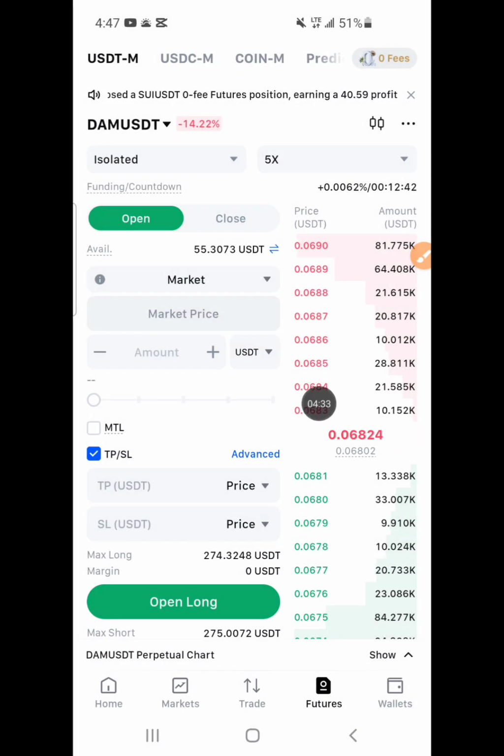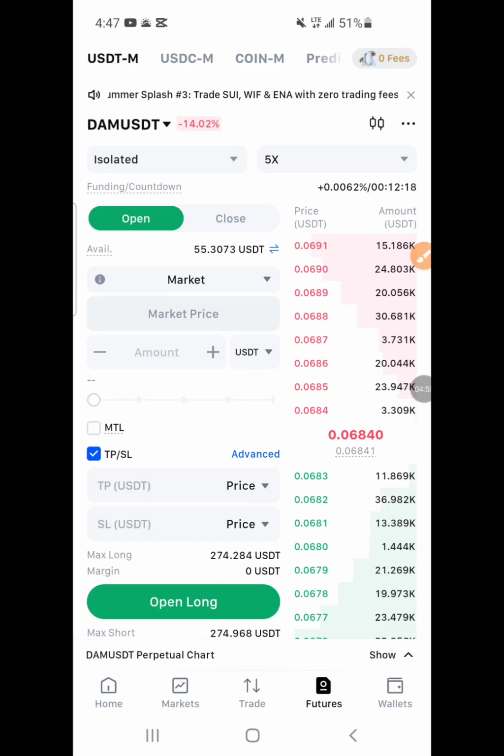Okay, then here comes the leverage. This is your leverage, which is 5x. You can see here that it is 5x. So what this leverage simply means is that, let's say you enter the trade and you set it that it is going to go up, that is, you longed the trade.